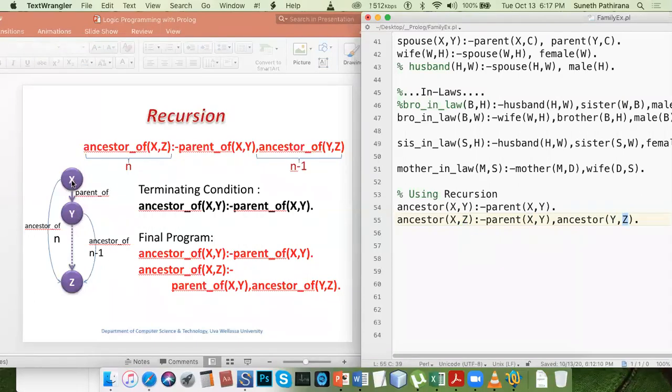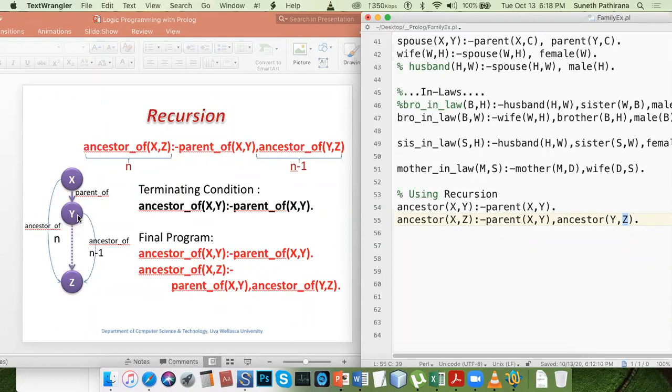X is the topmost ancestor, the oldest person. Y is the intermediate person, the immediate child of X, or Y's immediate parent is X, and Z can be either Y's child or Y's grandchild.